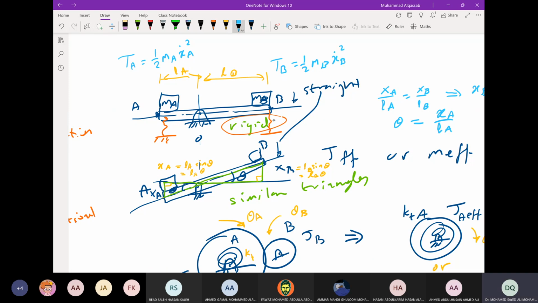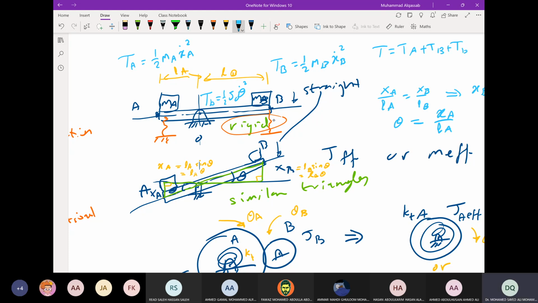And for the bar, the moment of inertia gives T for the bar equal to 1/2 JO theta dot squared. The total kinetic energy, as you know, for any system has to be added. So the total kinetic energy will be TA plus TB plus T for the bar.